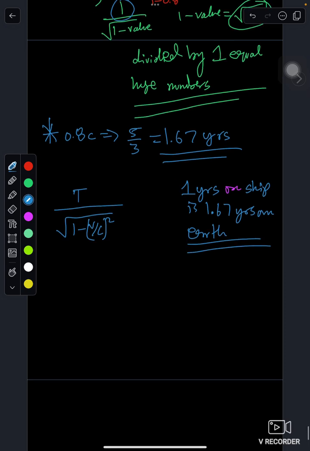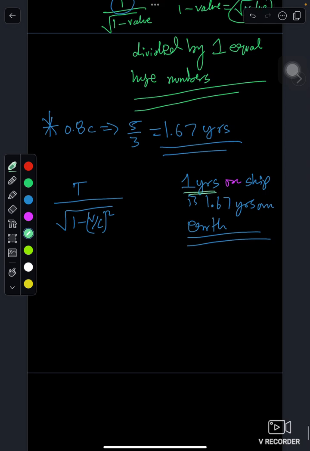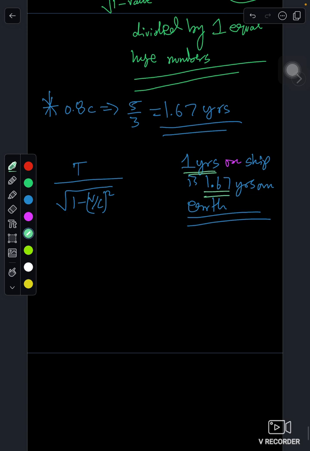So it's opposite, sorry, I was wrong. 1 year of that traveling object is 1.67 years on Earth.